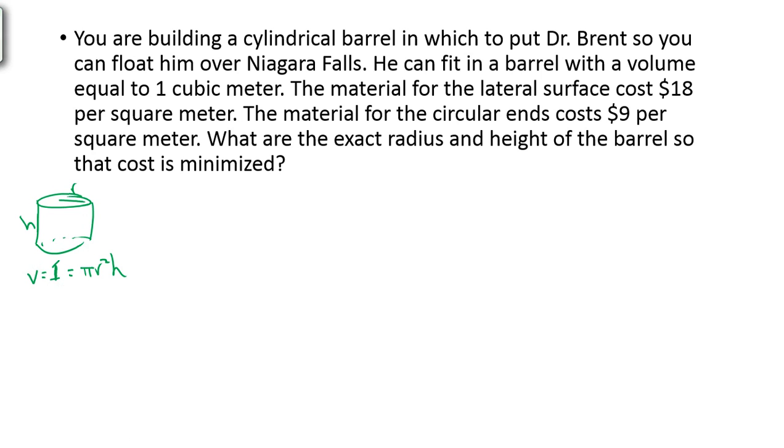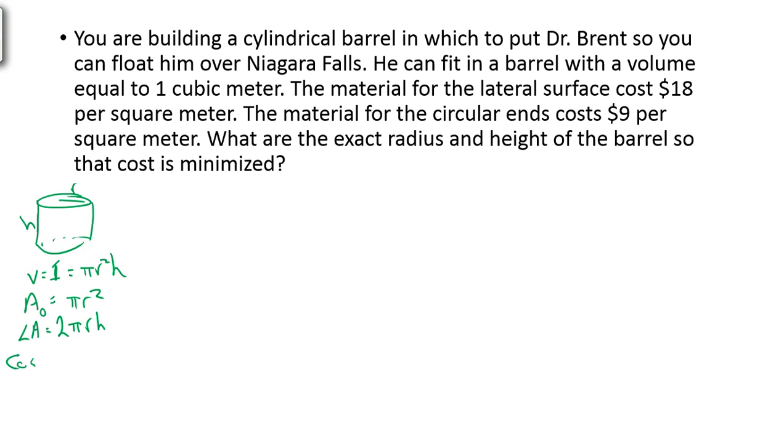And now the area of the circles, or the area of the top part, would be pi r squared. The lateral area will be 2 pi r h, so the circumference of the circle multiplied by the height.